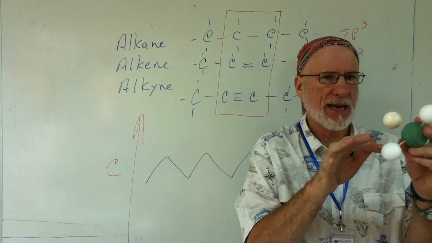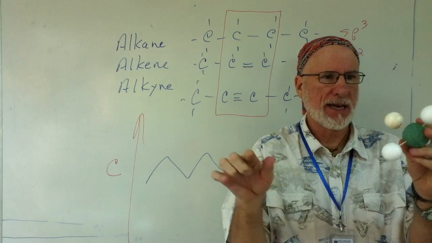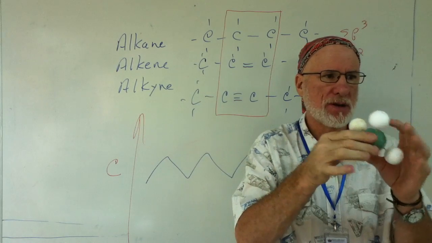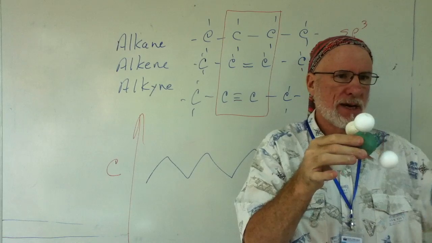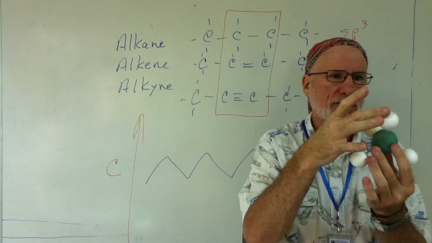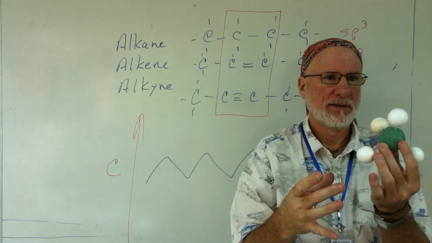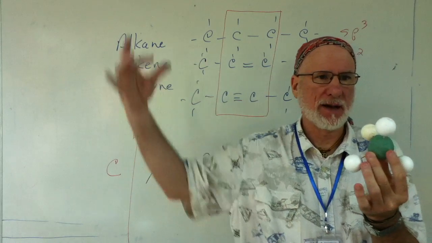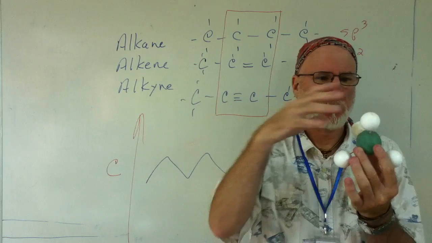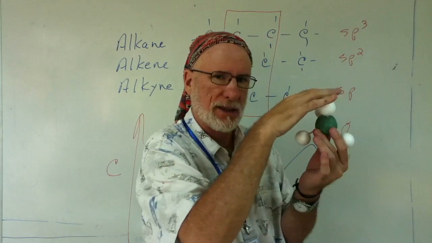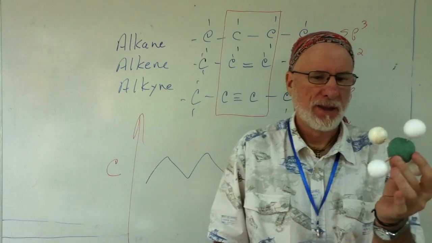Do you see how it's going to go down like that, and then up, then down, then up, and so on? These long chains, and then you're going to have the hydrogens up and down as well, like little rabbit ears.